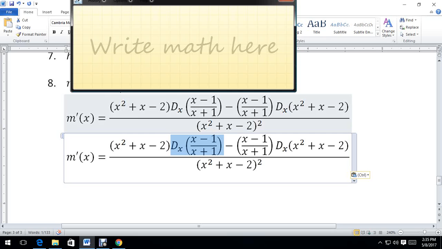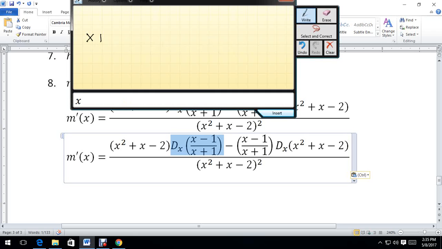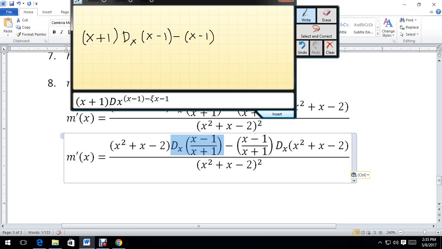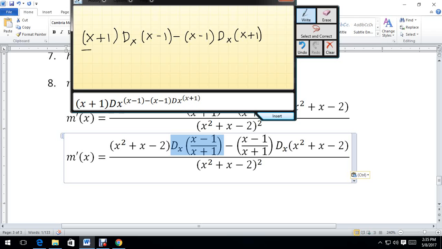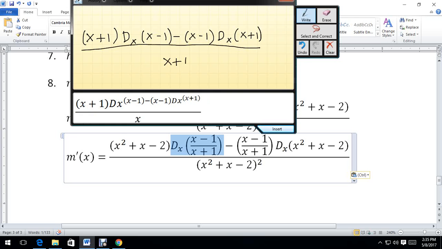So doing the derivative of this part, we have low, derivative of high, minus high, derivative of low, all over low square.